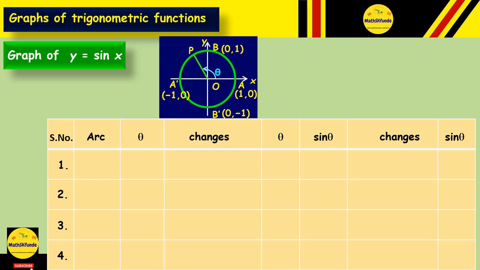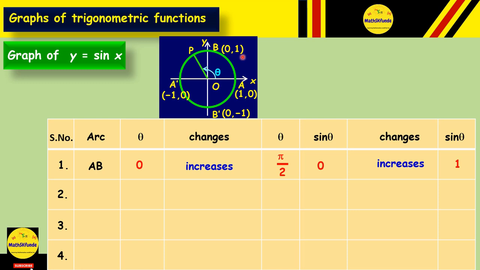We have actually seen that on arc AB, theta changes from 0 to pi by 2, and sin theta changes from 0 to 1, meaning the y coordinate changes from 0 to 1. So if you move on arc AB, theta increases from 0 to pi by 2, and sin theta also increases from 0 to 1.